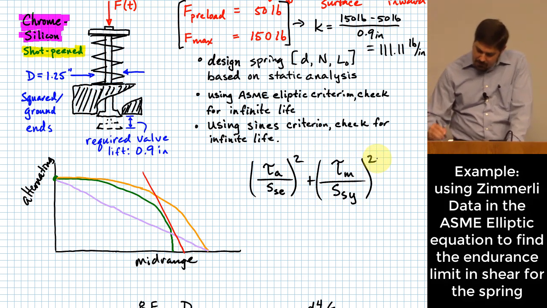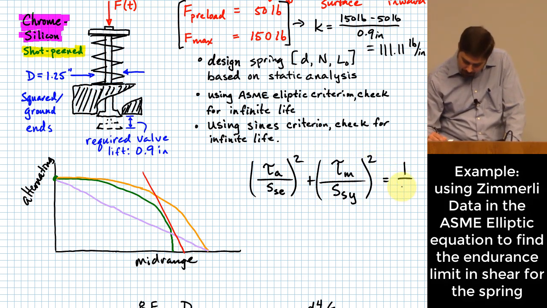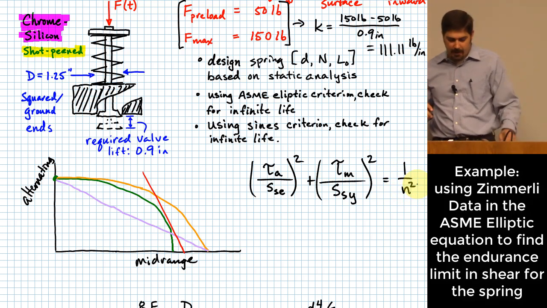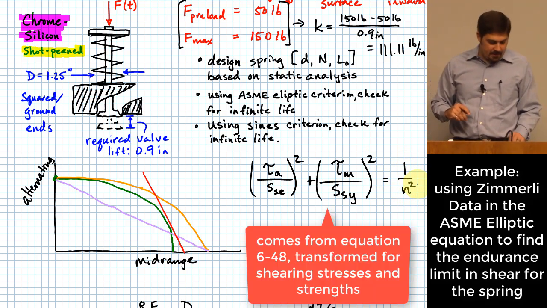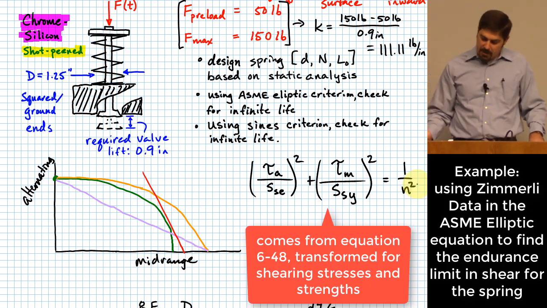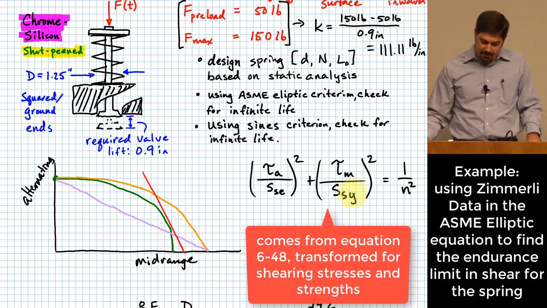Okay, and this is going to be set equal to 1 over the factor of safety squared. If you're curious where I got that, it comes out of Chapter 6. There are a number of expressions that give you ASME elliptic curves, and so that's where I got that equation.